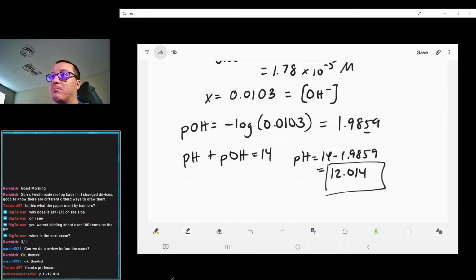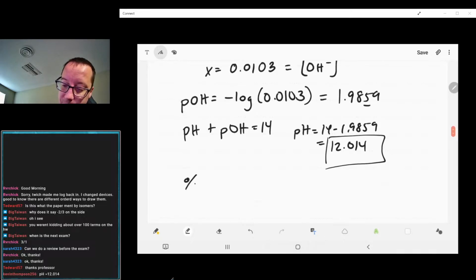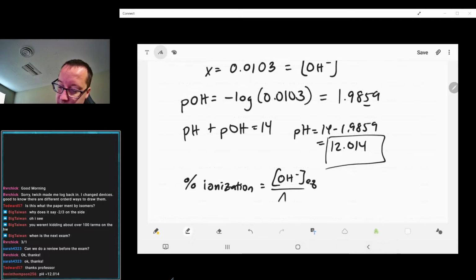Cool. So really just the same thing as yesterday, except one more step of going from pOH to pH. Hooray. If you wanted to do percent ionization, we could do the same thing like before. For the base, instead of having the H plus, we would just use the OH minus at equilibrium versus our A minus at initial, whatever that happens to be.